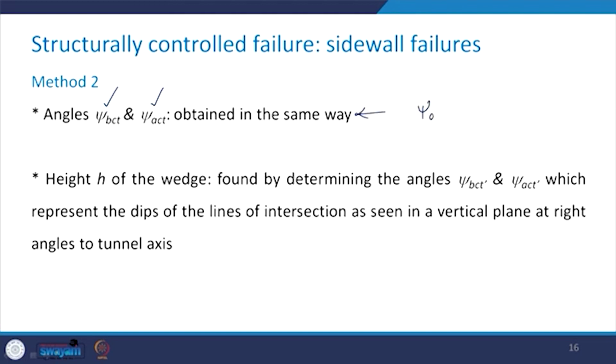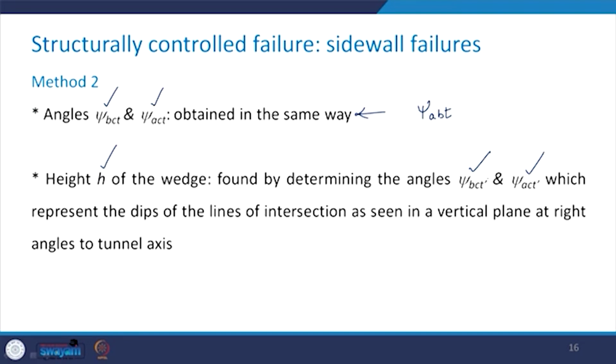So as I mentioned, psi BCT and psi ACT can be obtained in the similar way as you obtained psi ABT. Now how to determine this height h of the wedge? This is obtained by determining the angles psi BCT prime and psi ACT prime, which represent the dips of the line of intersection as it is seen in a vertical plane at right angles to the tunnel axis.